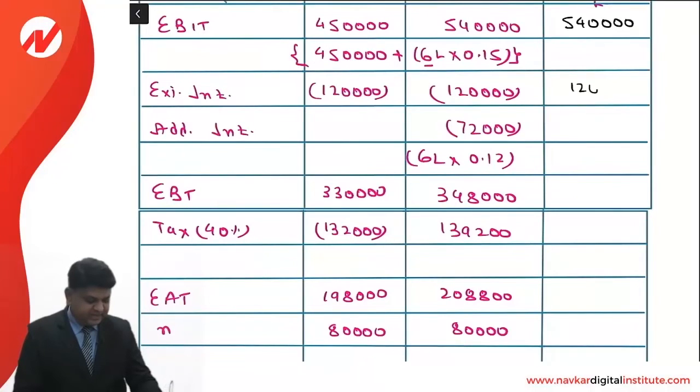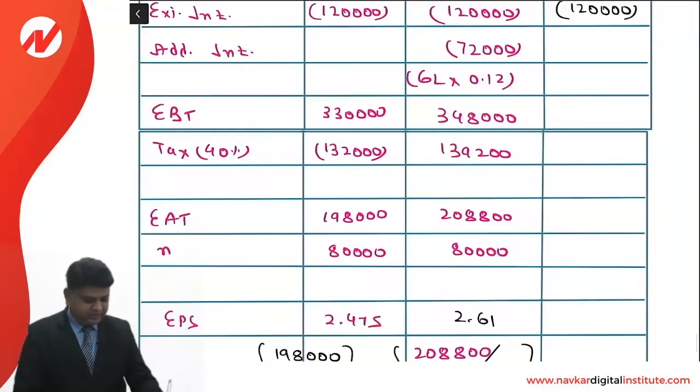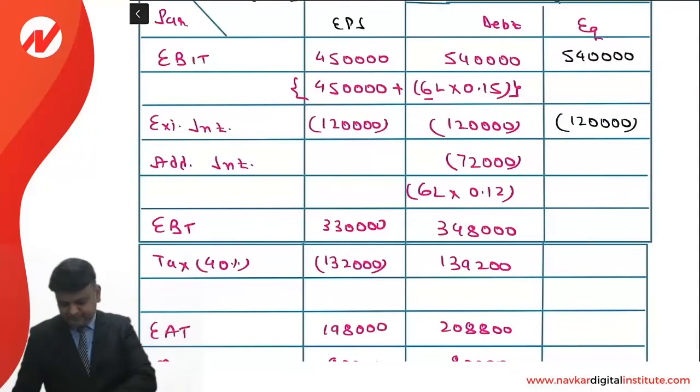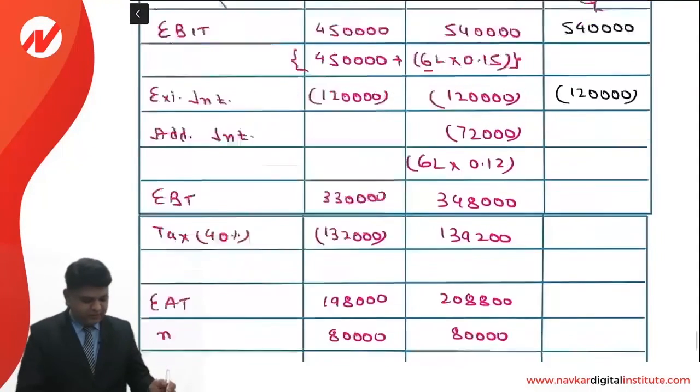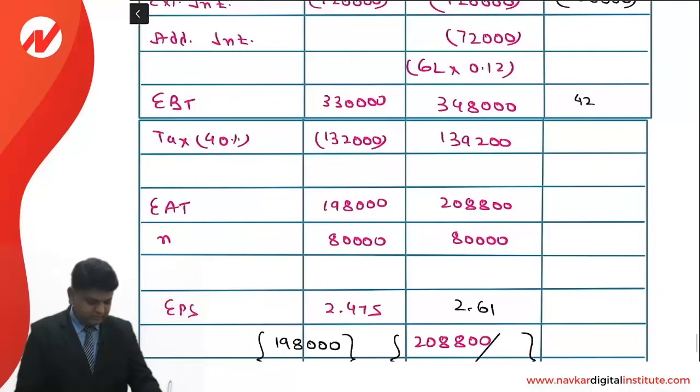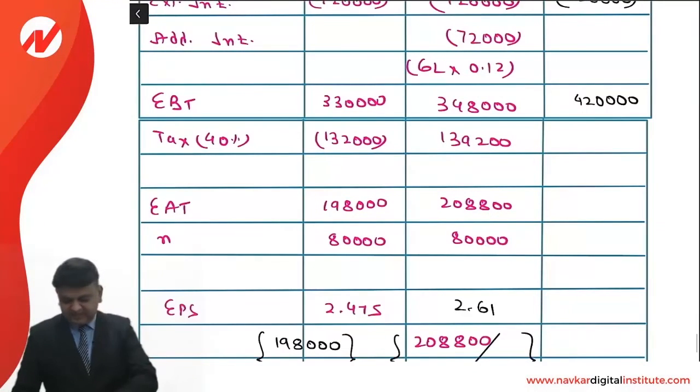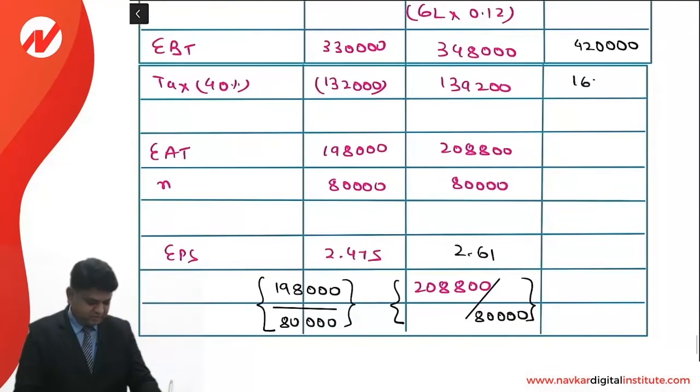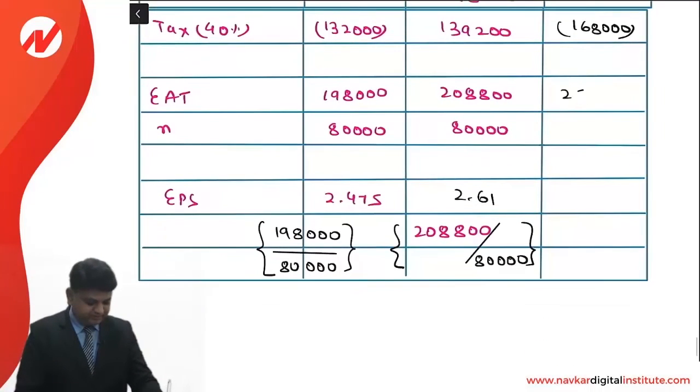Interest, only there will be existing interest, 120. So earning before taxes will be 4,20,000. Income tax rate only 40%, 1,68,000. Earning after taxes is 2,52,000.